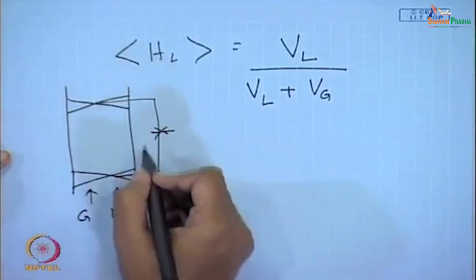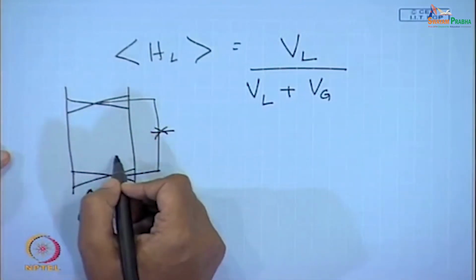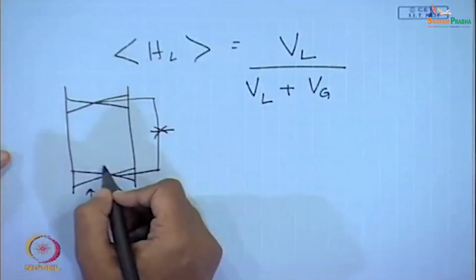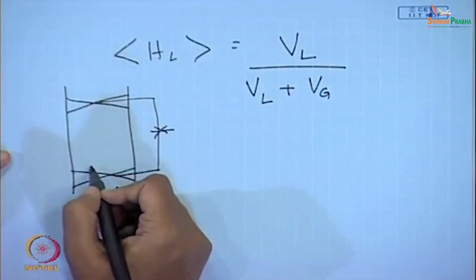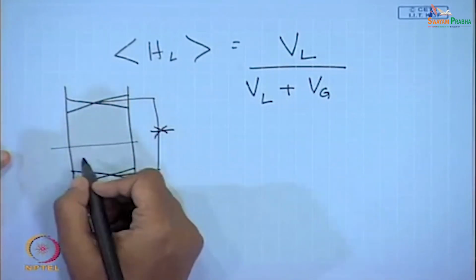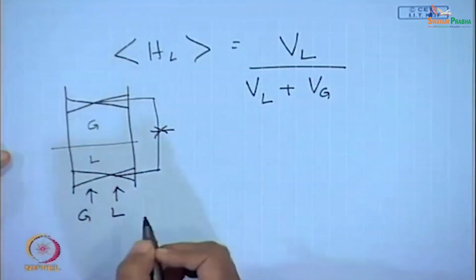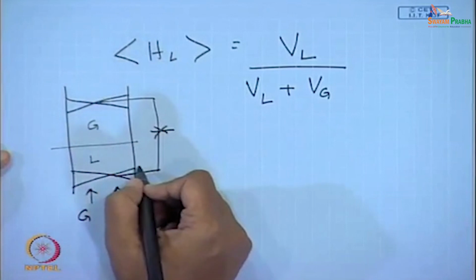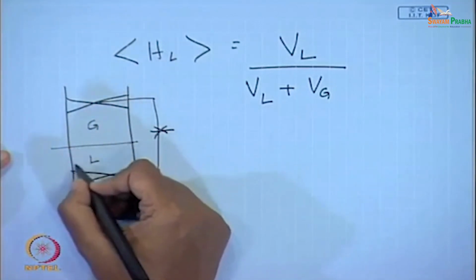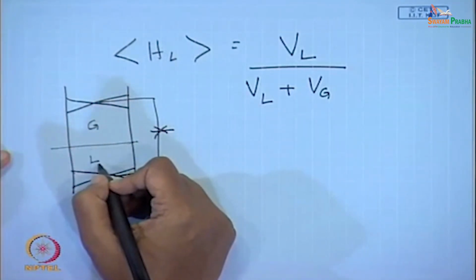Instantaneously the two phase mixture gets trapped here, and then they start separating due to density. The heavier phase, if it is the liquid phase, settles down here, and the gas phase is at the top. If we have a graph paper or something here, we can easily measure the volume which is occupied by the liquid phase.